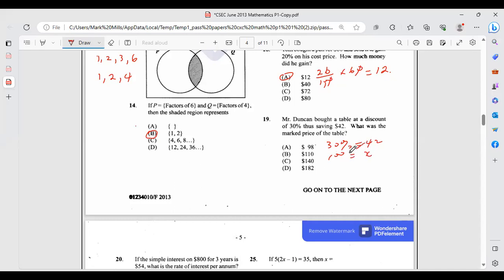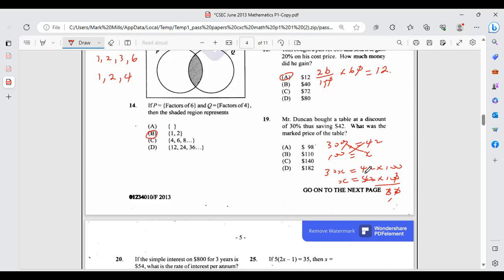You cross multiply, so x is equal to 42 times 100 divided by 30. 3 goes into 42 14 times.